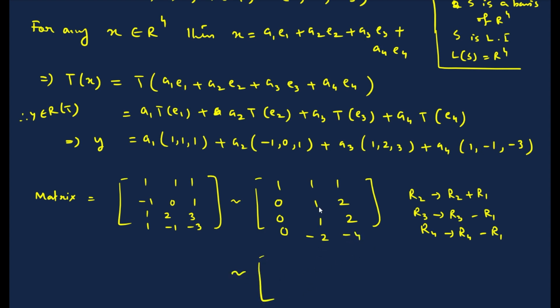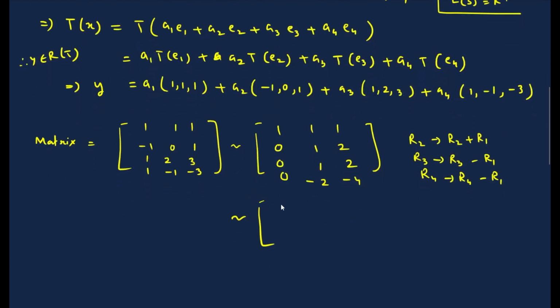What will be the next step? Now we'll make these two elements 0. So we have 1, 1, 1, 0, 1, 2. Then R3 goes to R3 minus R2, and R4 goes to R4 plus 2 R2.